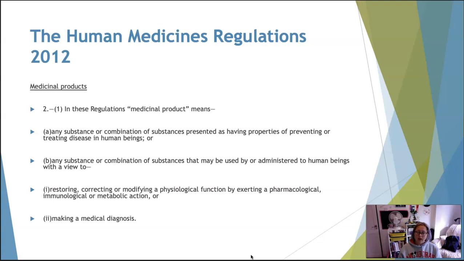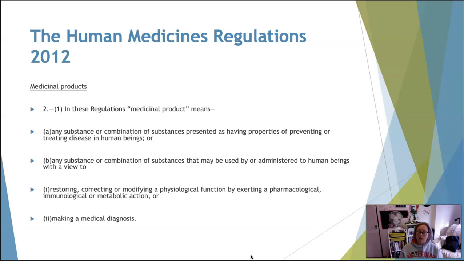If we're thinking about our legislation and our guides in a little bit more detail, the key one that's going to help us is the Human Medicines Regulations from 2012. Some of the key things from this is thinking about our medicinal products. Within the regulations, medicinal products mean any substance or combination of substances presented as having properties for preventing or treating diseases in human beings.